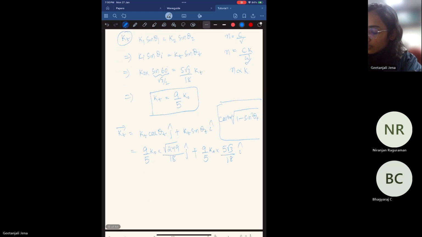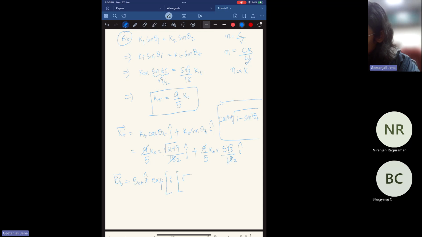So the B transmitted will be B0t z cap exponential i, so this will cancel to.